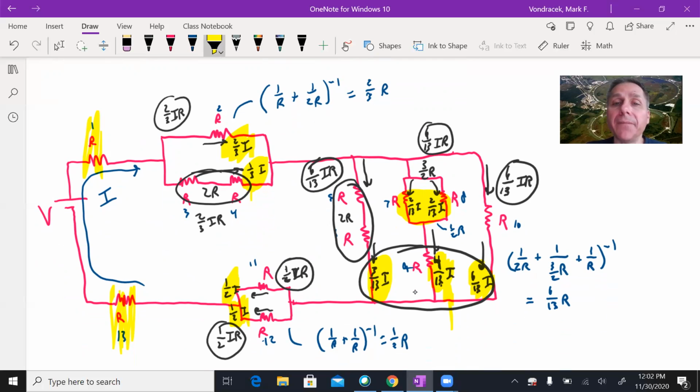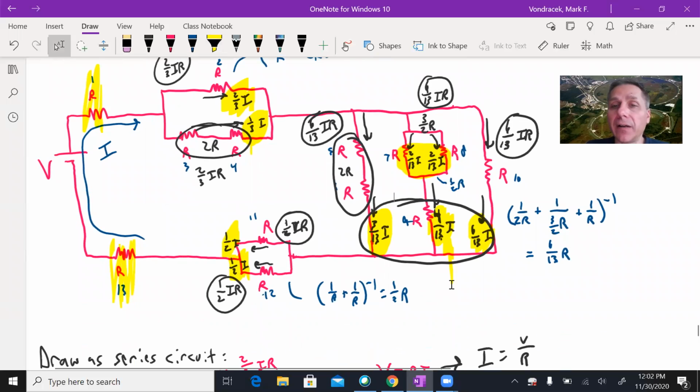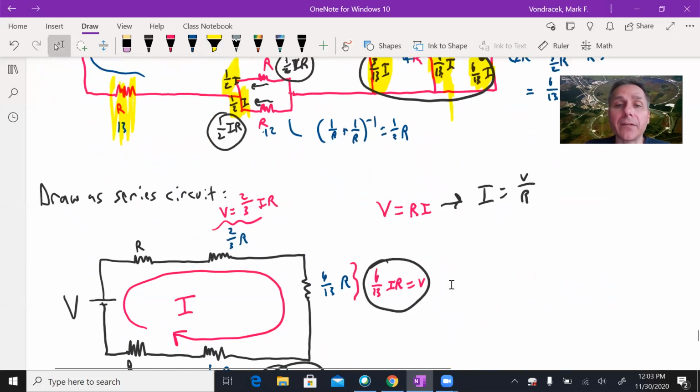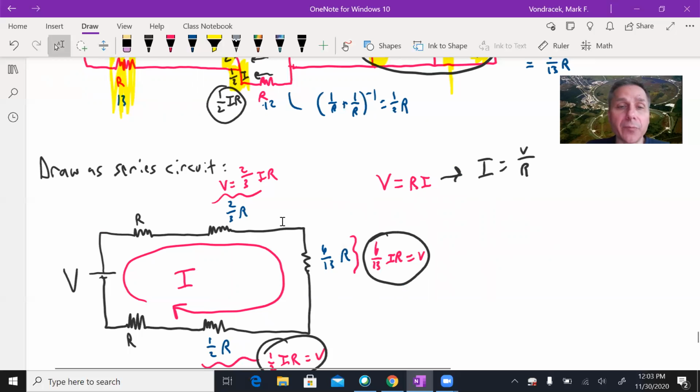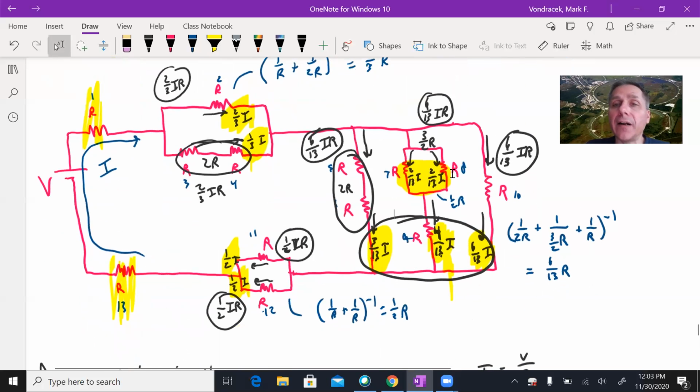Go back and replay it. But we can do this by using Ohm's law and Kirchhoff's rules together to find the voltages when you put them in series like this, and use the voltages in Ohm's law to figure out how it breaks down on the individual branches. And that's how you compare the currents in all parts of a circuit.